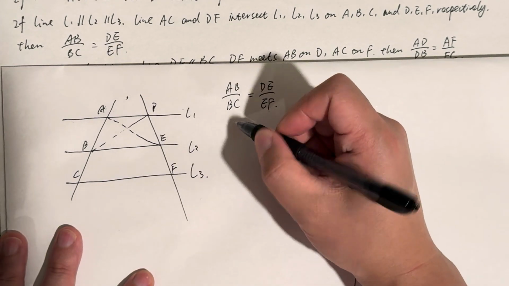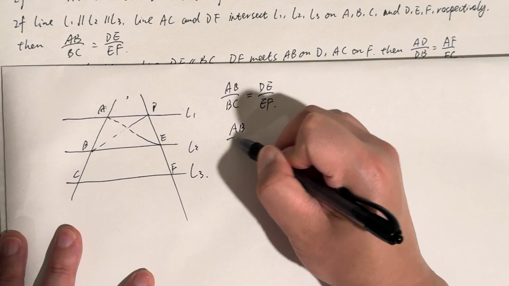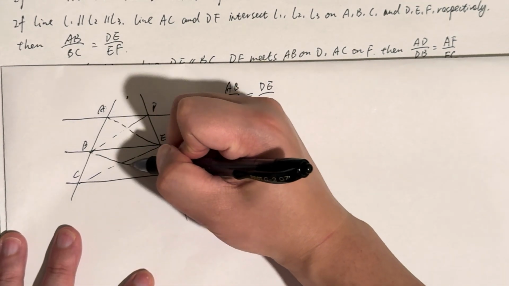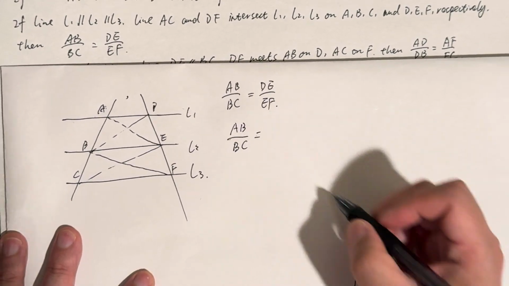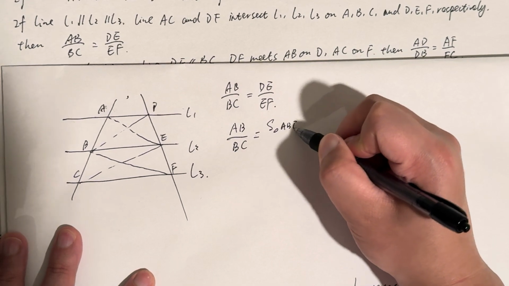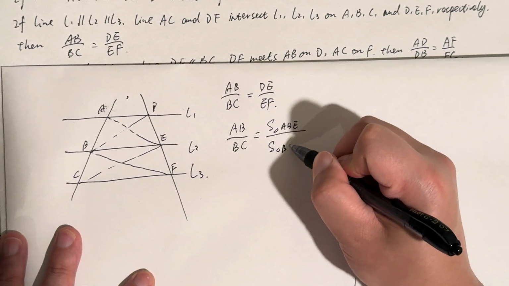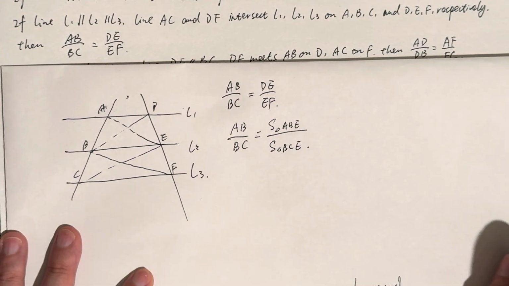So we get AB to BC equals the area of triangle ABE to the area of triangle BCE, right? That is AB to BC.